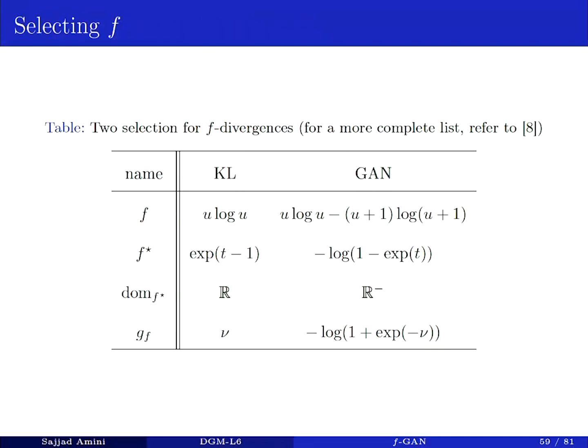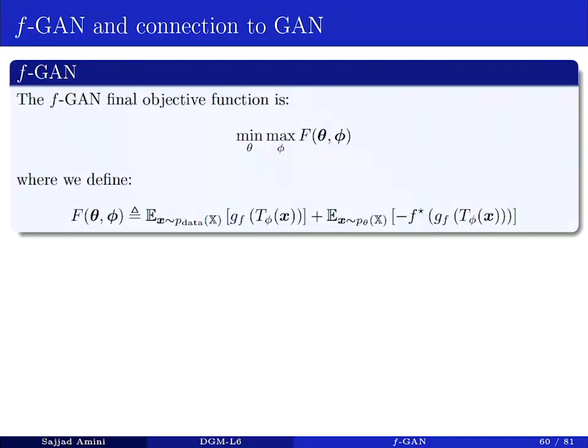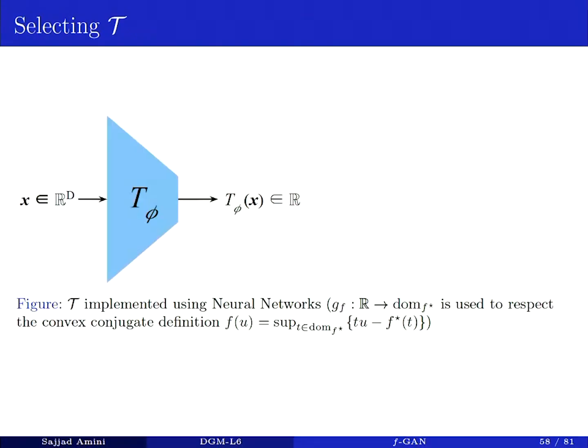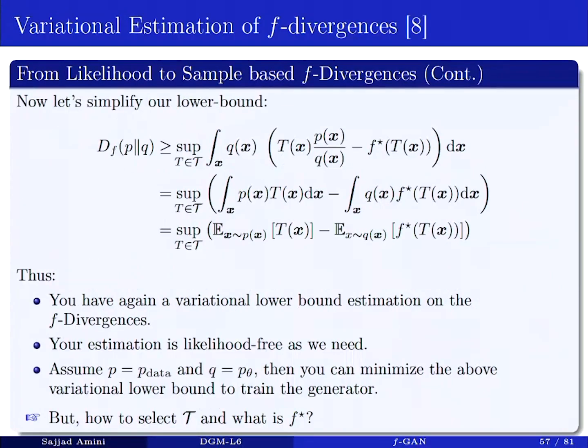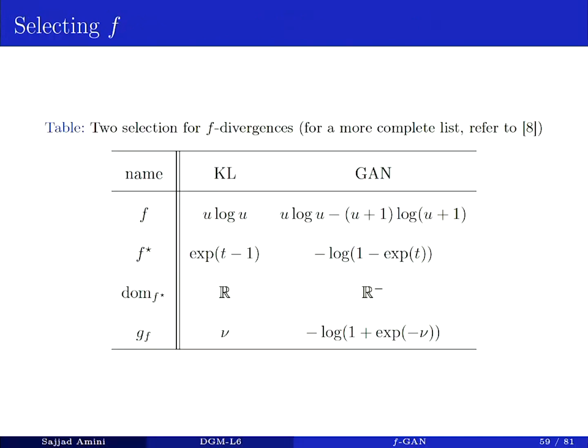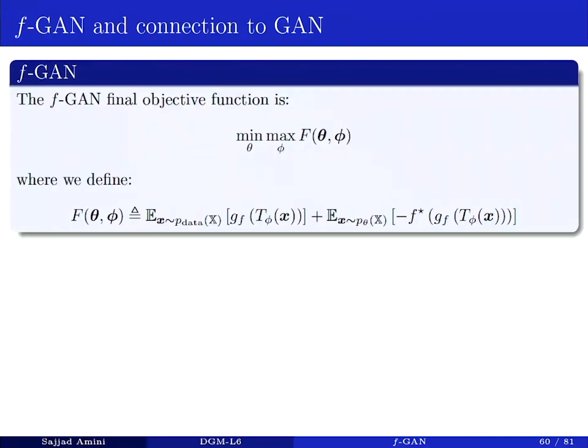And where does this come from? These are exactly the result of this supremum. We replace the supremum with maximum, and instead of t of x, we use g f of t phi of x, because these two functions together produce our t of x function.